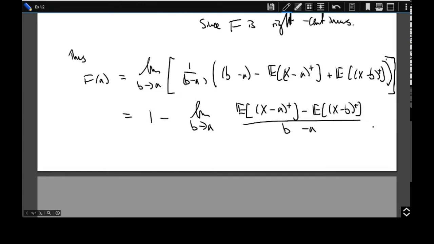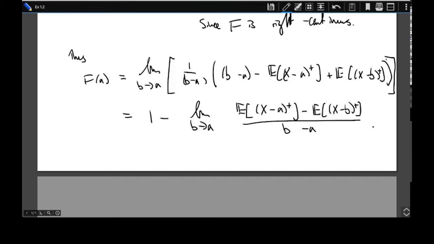So that gives it: capital F can be expressed now. If we know all of the expectation of (x minus k)+ for the constant values of k, then we can fully determine F at any real value, because we can describe it in terms of this limit of these functions that we already know, divided by some constants, but that's not an unknown quantity.